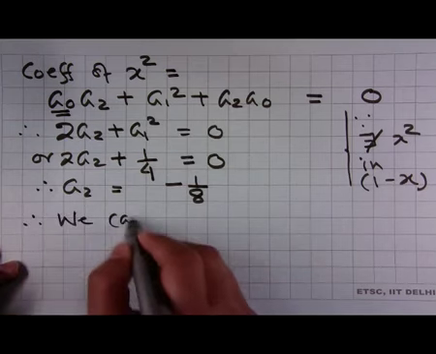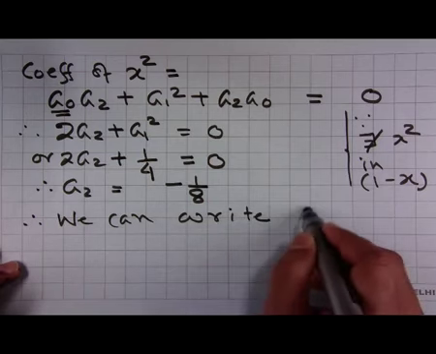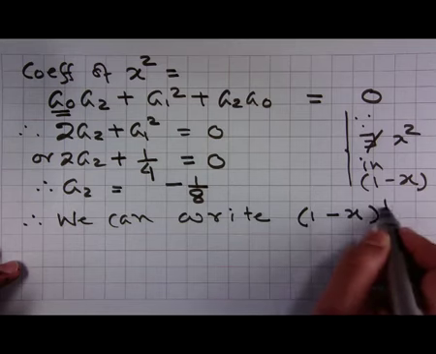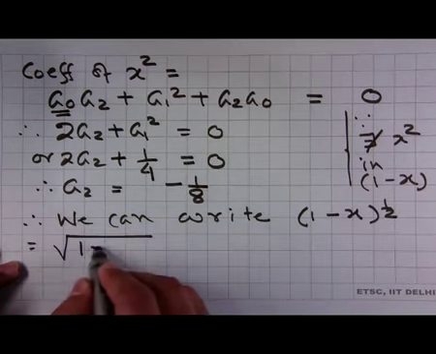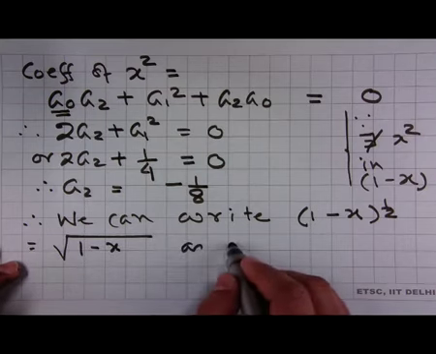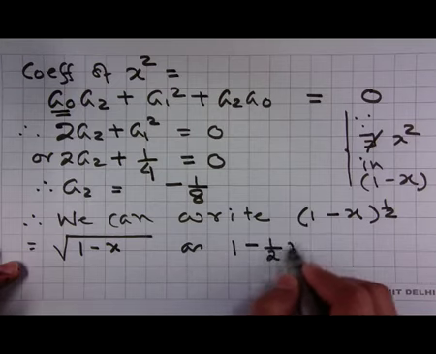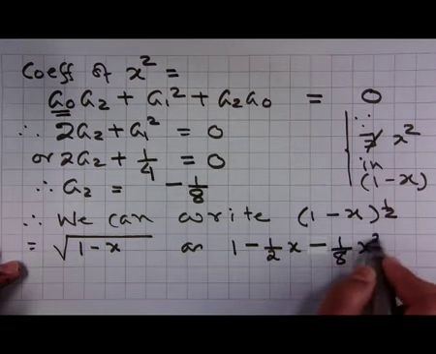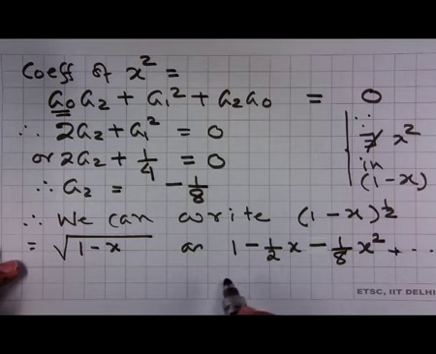We can write (1 minus x) to the power half, which is the square root of 1 minus x, as 1 minus half x minus 1 by 8 x square plus higher powers of x.